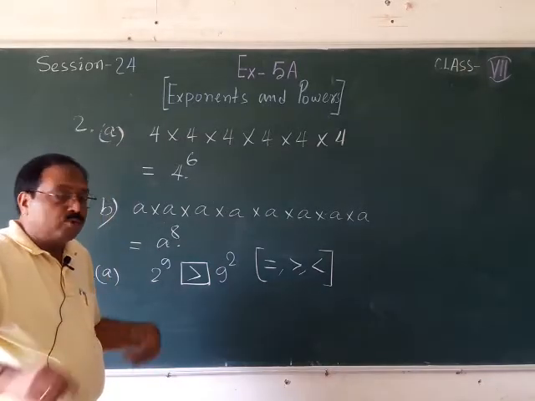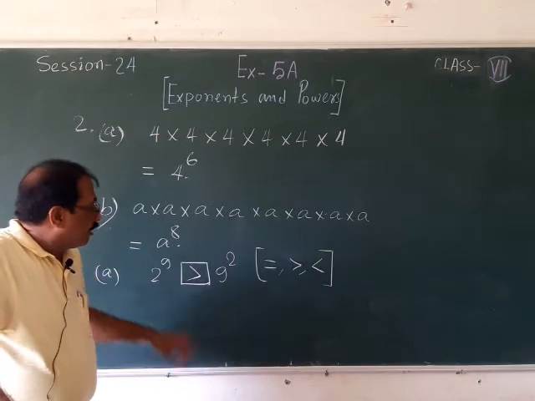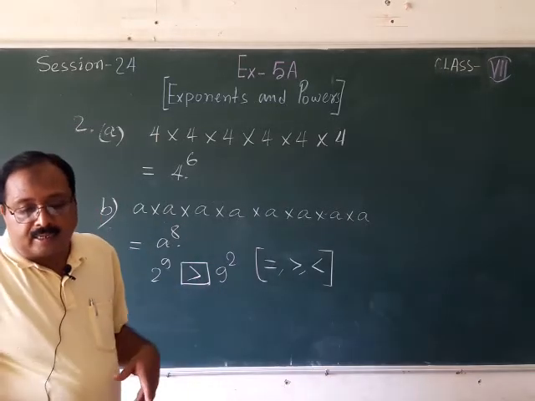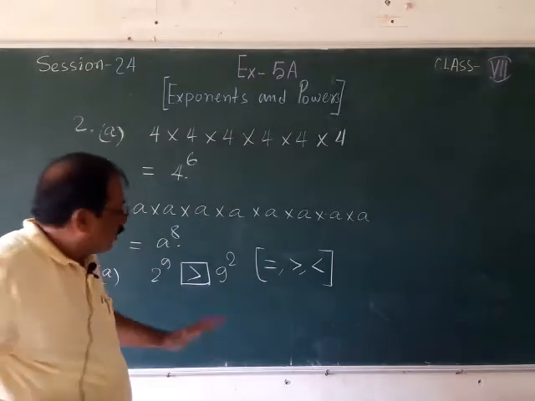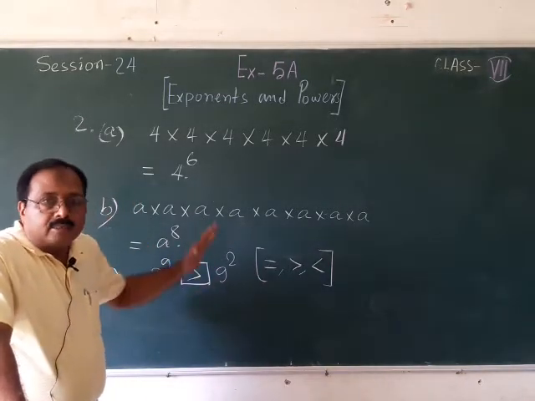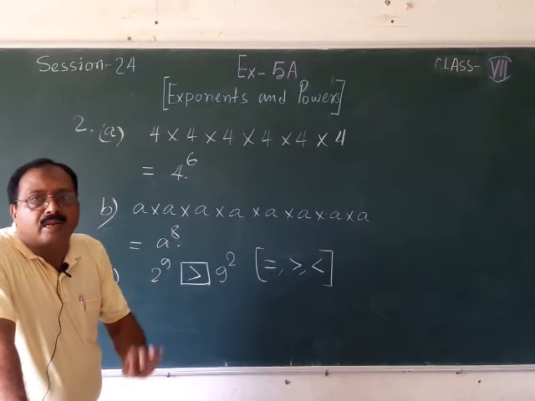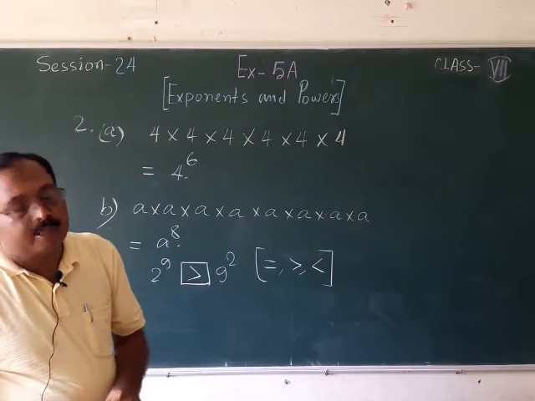But when you multiply 2 nine times, the value will surely be greater than that value. So this way you have to calculate on the rough side, and you can decide which number is bigger and which is smaller.